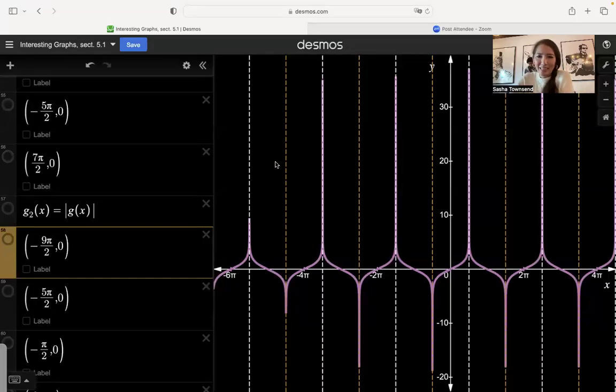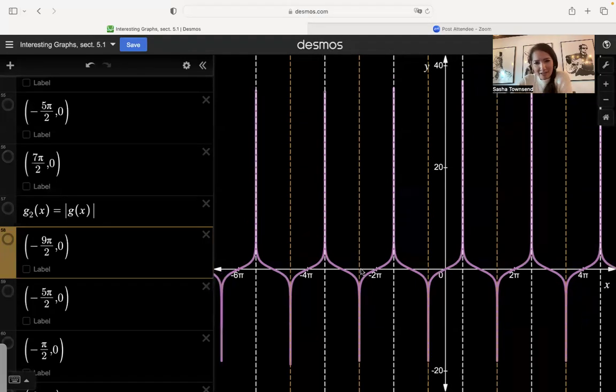And this is what it looks like when I added those asymptotes at the removable discontinuities. I made the asymptotes for the removable discontinuities orange dotted lines, and the x values corresponding to the asymptotes of the original absolute value of g of x are in white.